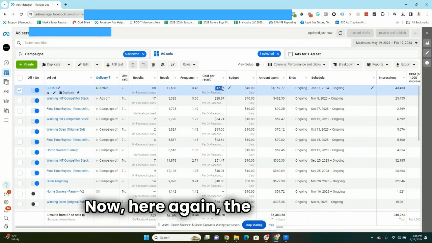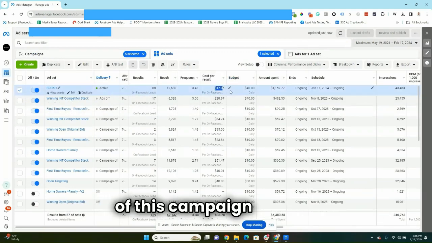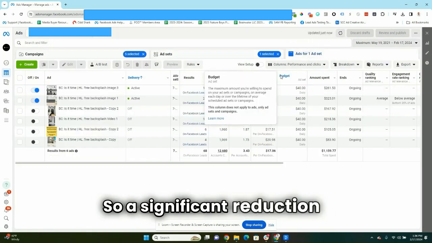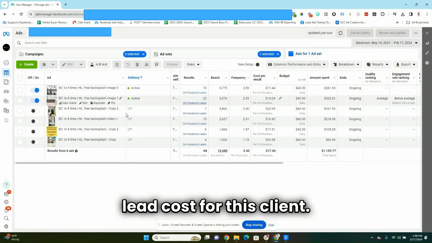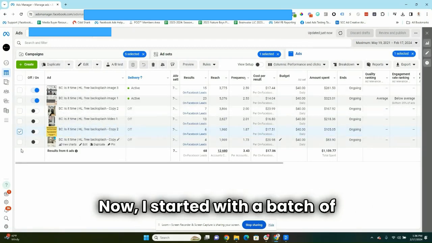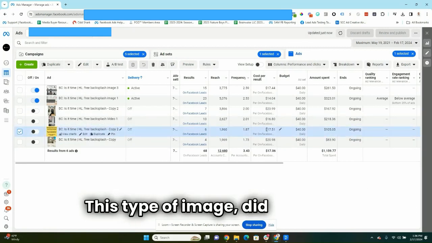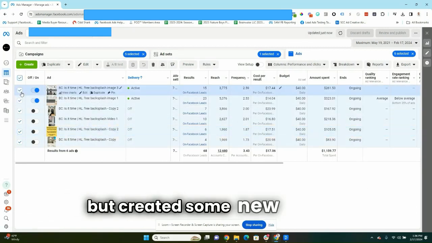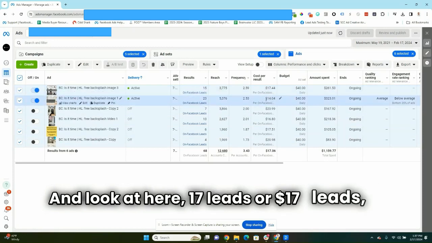Now, here again, the spoiler, $17. The average for everything outside of this campaign was $43. So a significant reduction in lead cost for this client. I started with a batch of ads with what they currently ran. This type of image did decently, but I created some new imagery. And look at here, $17 leads, $14 leads.